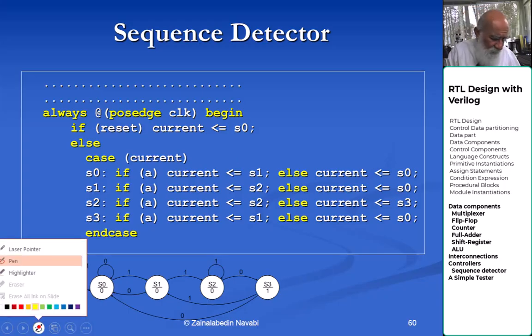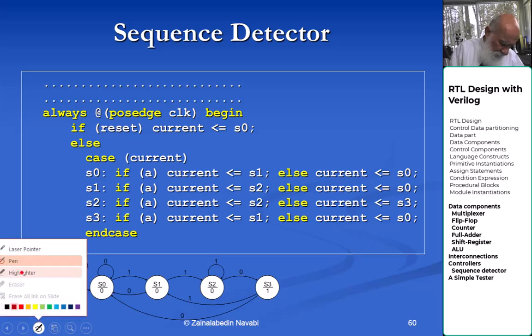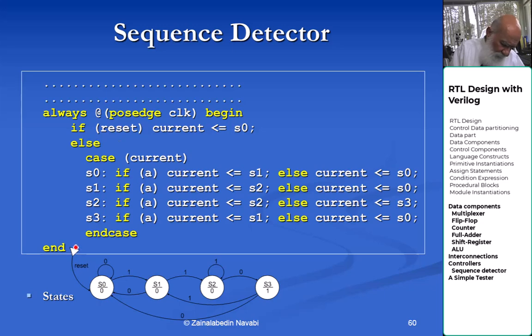So let's read it this way. On the positive edge of the clock, if reset is 1, then your current state becomes S0. This part is described by this.